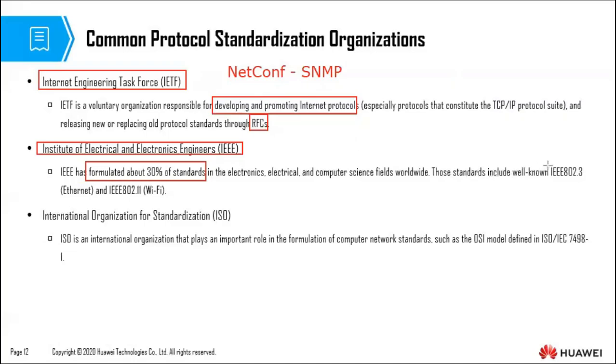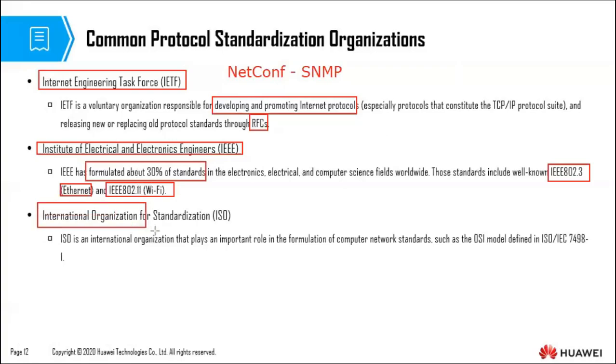One of the well-known standards is 802. 802 is what we looked at earlier. 802.11 is for Wi-Fi. 802.3 is Ethernet. Ethernet is the communication in the local area network using cables.